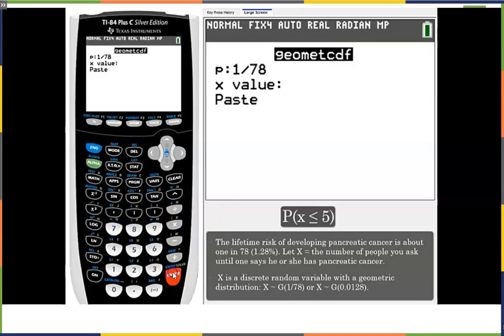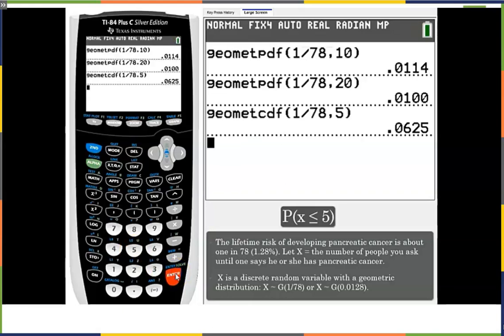My x value this time, I said at most 5, so my x value is 5. And it's 0.625. So what this does is it does the calculation for if x was 1, if x was 2, if x was 3, if x was 4, and if x was 5, and adds those values up for us.